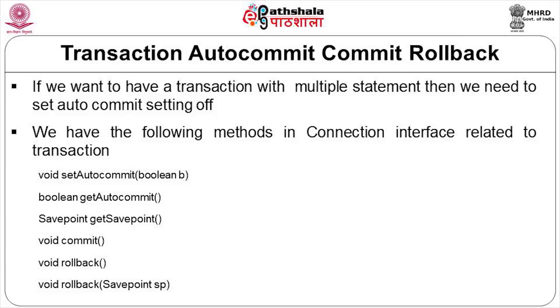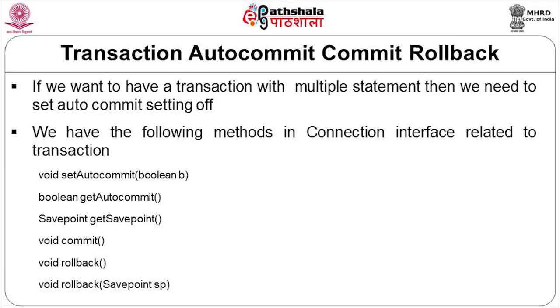So when you want to roll back, you can roll back to a particular savepoint which was created earlier. Savepoints are created with the setSavepoint method on the Connection, and then we have the rollback method, so we can do a partial rollback from a Java application. That's how the rollback can be done.